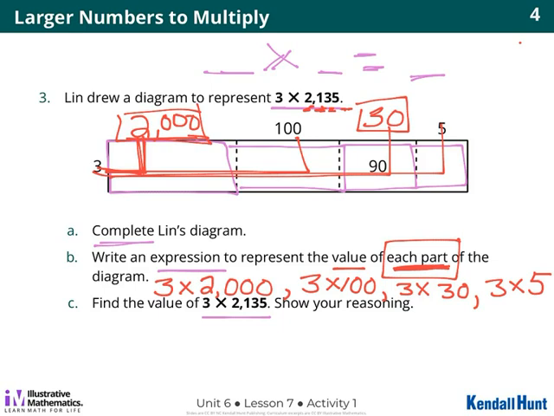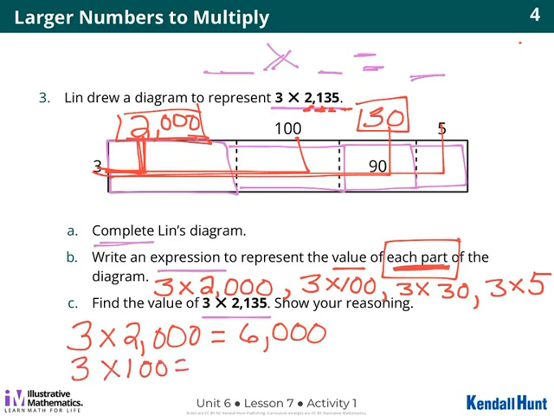Okay, then you had to find the value. So literally, I would do 3 times 2,000. And what is 3 times 2,000? Everybody? 6,000. Okay, and then I would do my next expression. What is 3 times 100? 300. And I'm going to try to line them up. And 3 times 30.